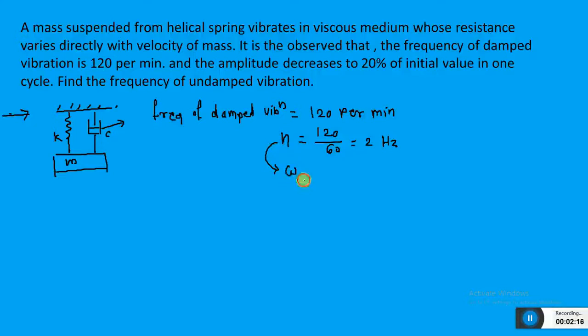So omega d, that is the frequency of damp vibration, is equal to 2 pi into frequency in hertz, that is 2 pi n. So this is equal to 2 pi into 2. So omega d value is equal to 4 pi rad per second. Okay. Now we have to find out the omega n value, that is the frequency of undamped vibration.